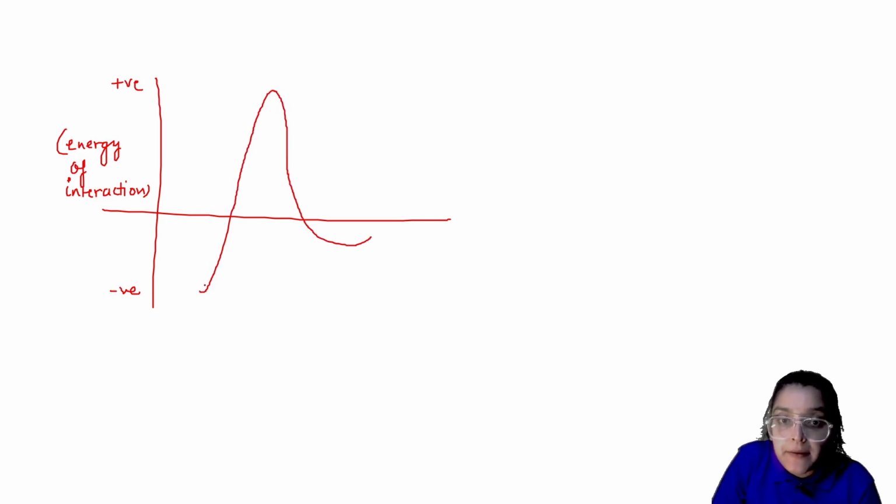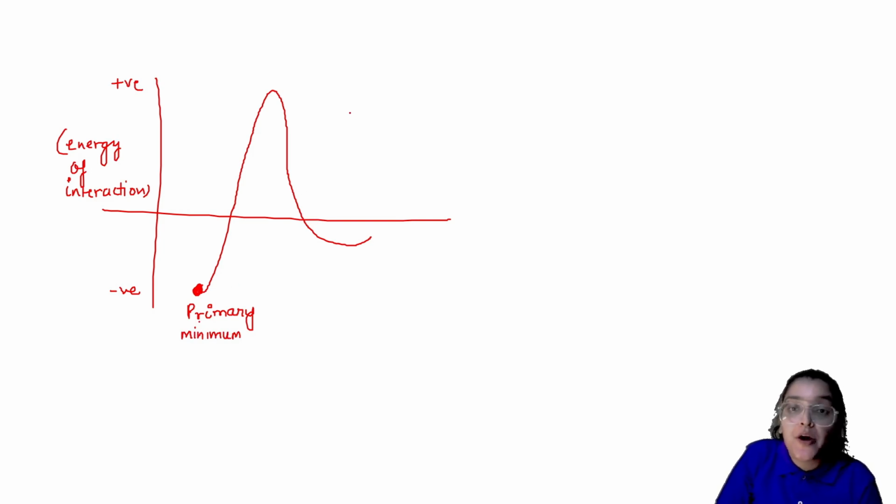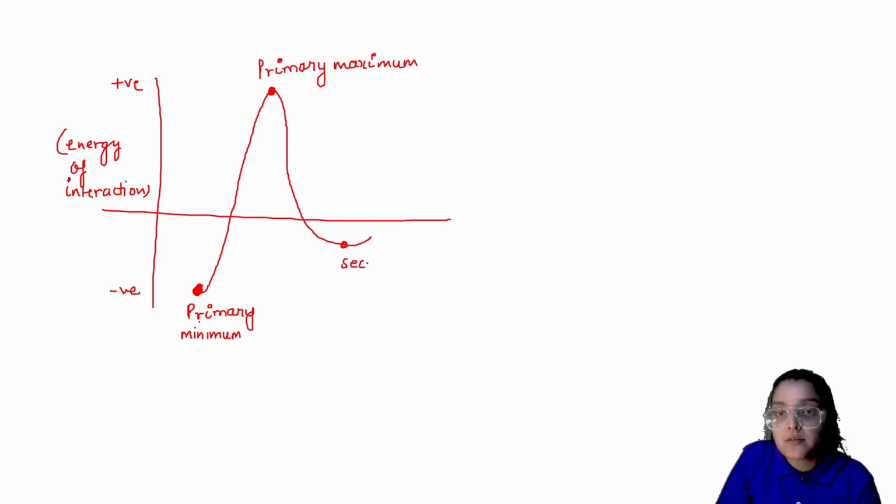This point right here indicates the primary minimum, and this point indicates the primary maximum. We are going to see what the significance of these points is. And this is going to be your secondary minimum.